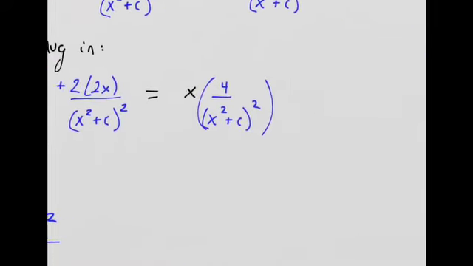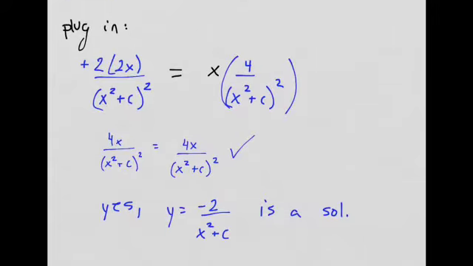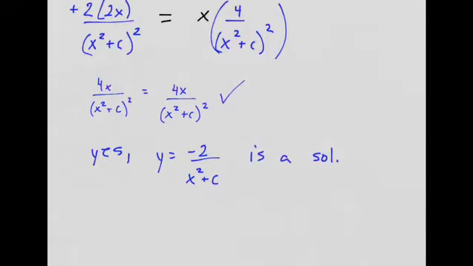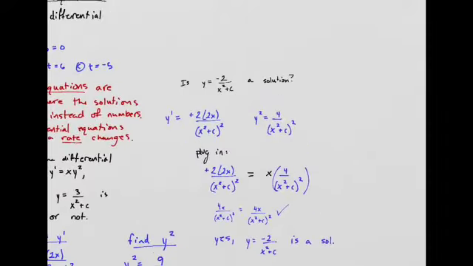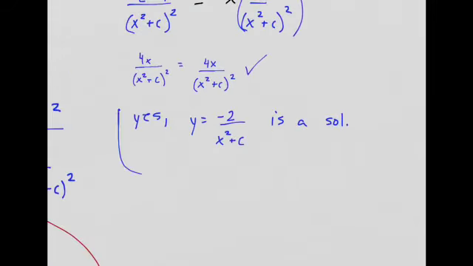Ooh. And then I'll simplify a little bit. And I do see, so if I take these and I simplify, 2 times 2x is 4x. X times 4 is 4x. So now the tops are the same. So yes, that is a solution. So we can say yes.